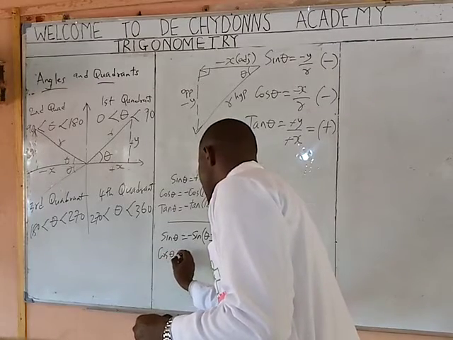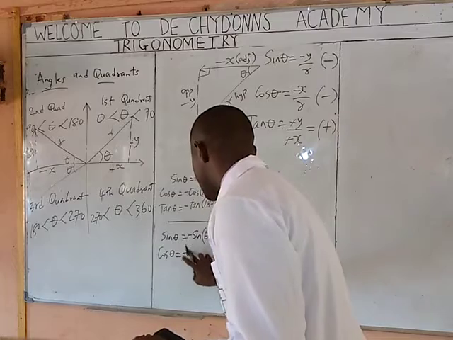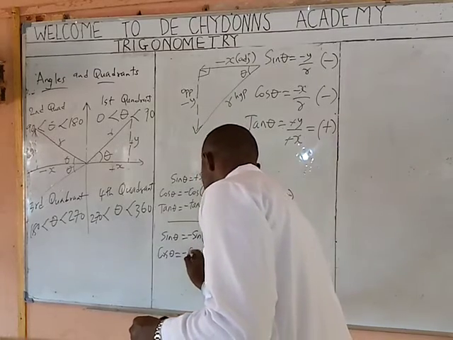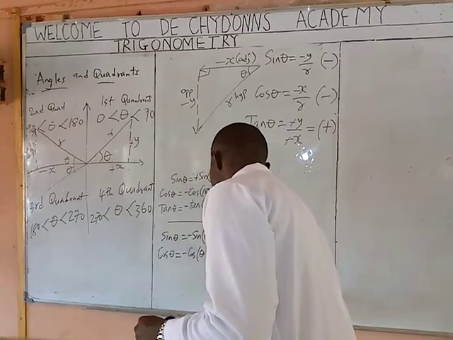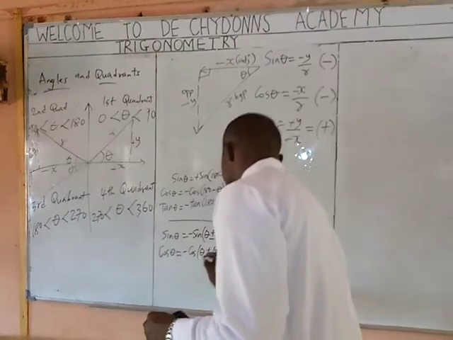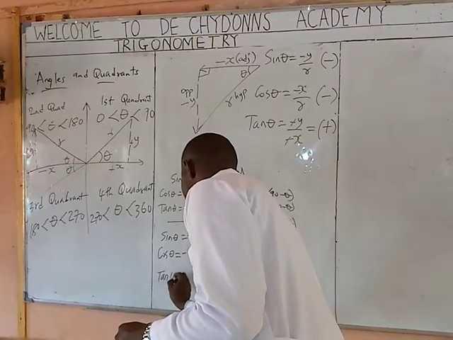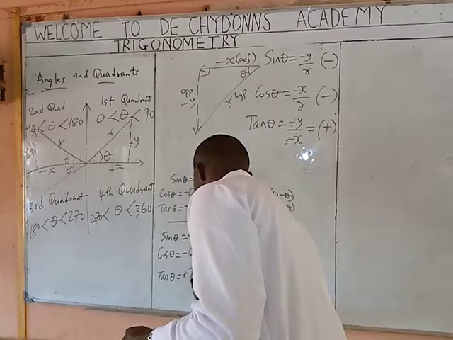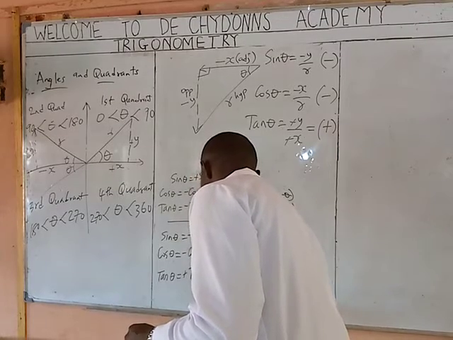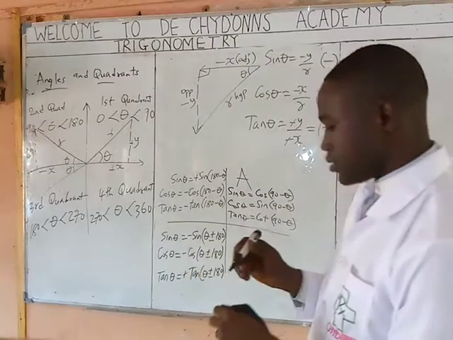Cos theta equals minus cos (theta plus or minus 180). Then tan theta equals plus tan (theta plus or minus 180). Okay?